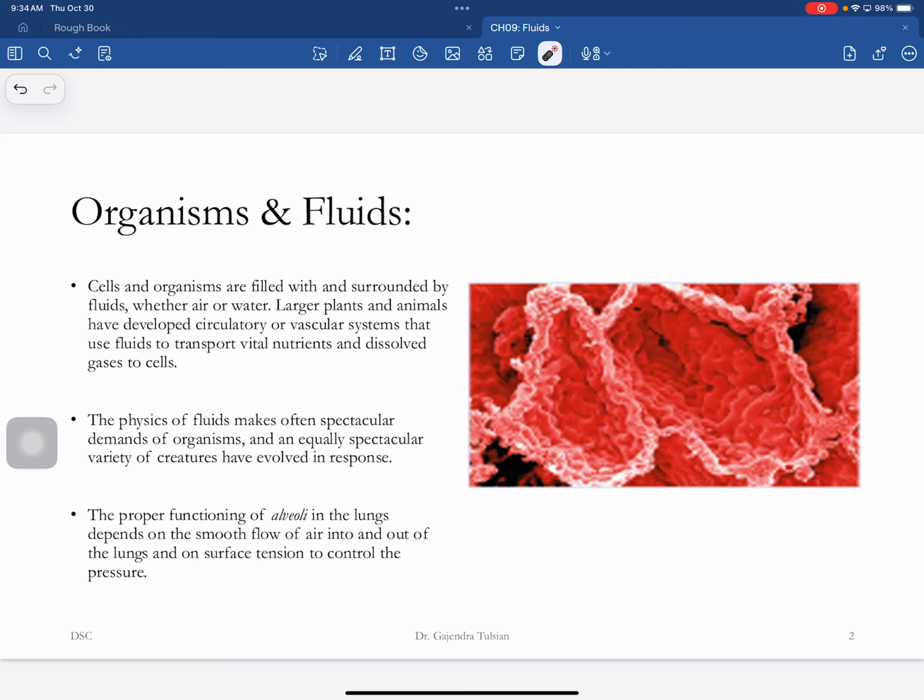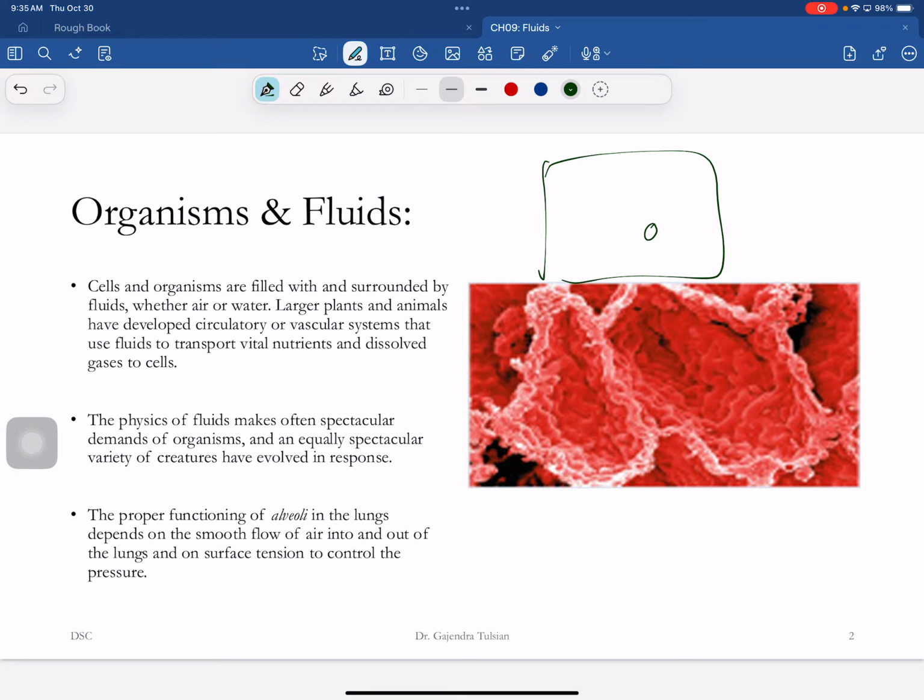Ultimately, a cell gets its nutrients and oxygen via diffusion. That's how stuff is given to the cell in the final analysis. But what's the problem with diffusion? It's not fast enough. It only happens slowly.